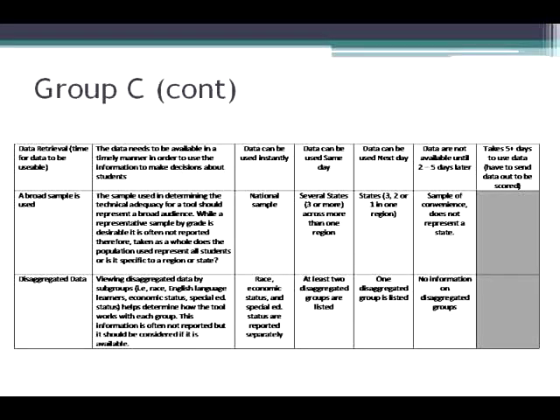Group C was also considering the sample. For the analyses of the tool, the reliability, the validity, all of the technical adequacy considerations, was the sample sufficiently representative? Now, although this may have been incorporated with Group B as they were examining the reliability and validity analyses, Group C was bringing this out because of the system-level considerations.